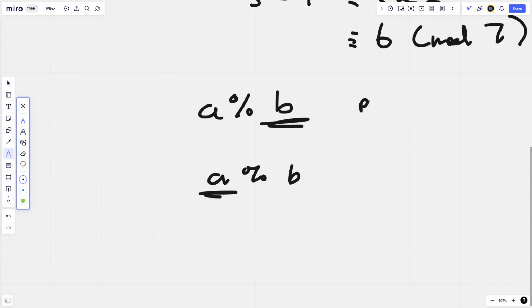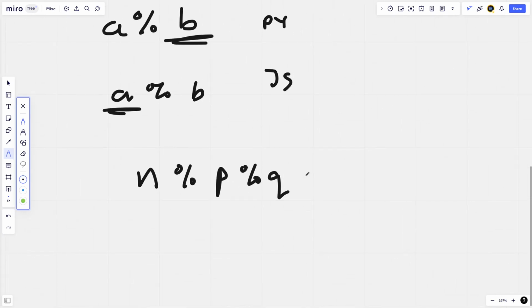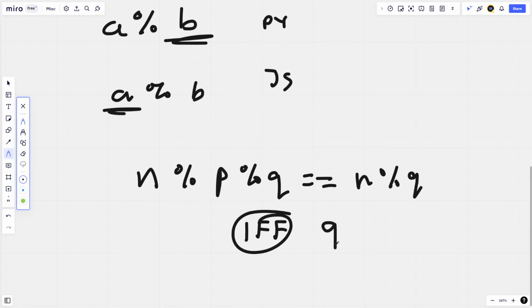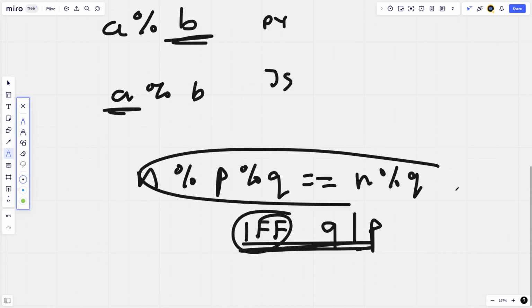Python's is this one, JavaScript's is this one. Also, if we take n modulo p and then modulo q, that is equal to n modulo q, so long as, or if and only if, q divides p, so p is a multiple of q. This part is important. This does not work otherwise.